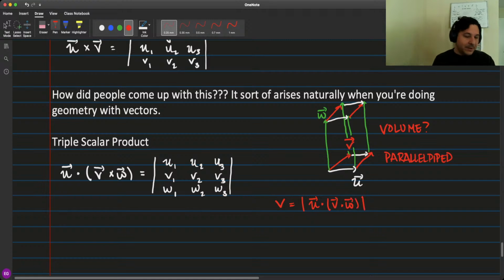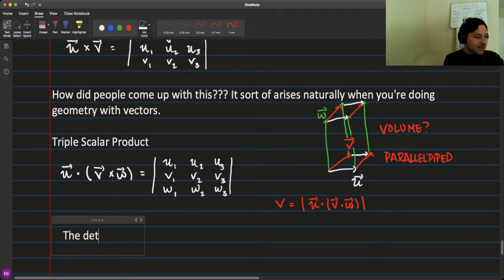So how did they come up with the triple scalar product? Well, they noticed that if you took the determinant of the three vectors that make your parallelepiped, you basically got the volume. Which is actually sort of crazy when you think about it.